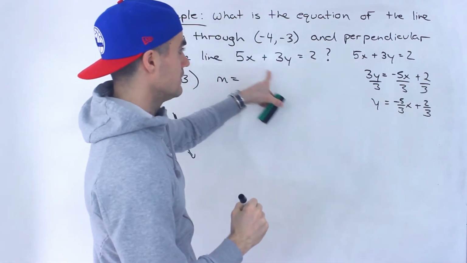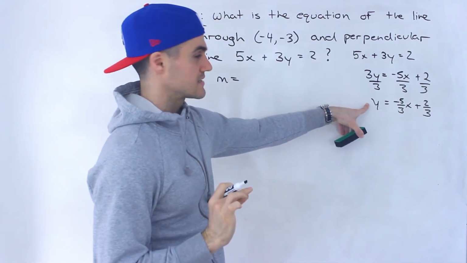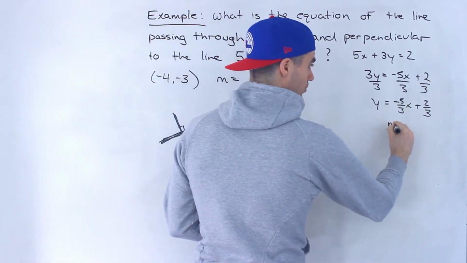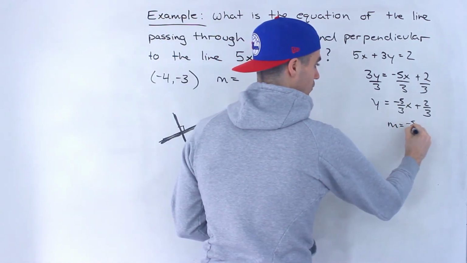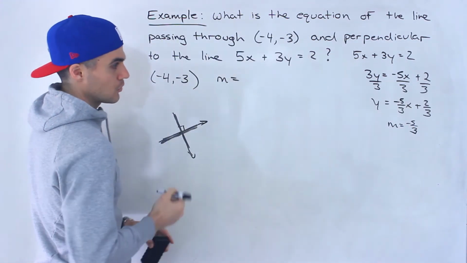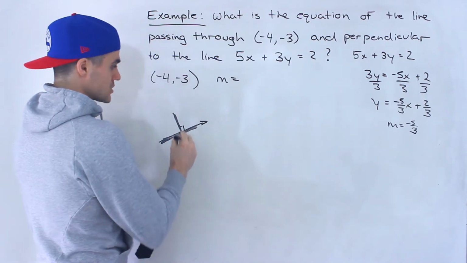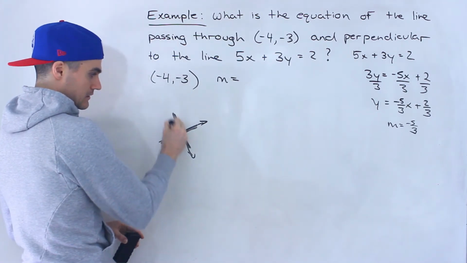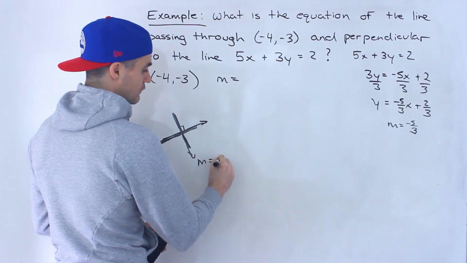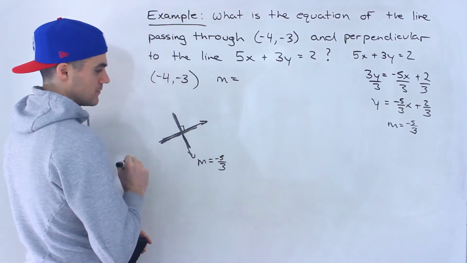So this line and this line are the exact same thing. We just changed the format, and the reason is because we want the slope, which is -5/3. And this diagram kind of makes sense because it's a downward sloping line. So the slope of this line over here is -5/3.